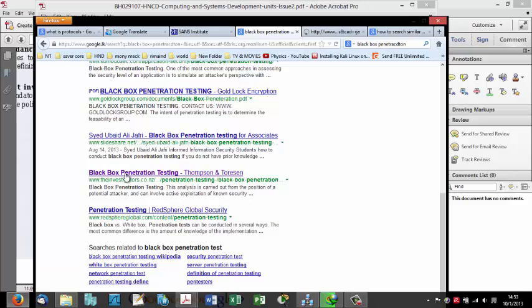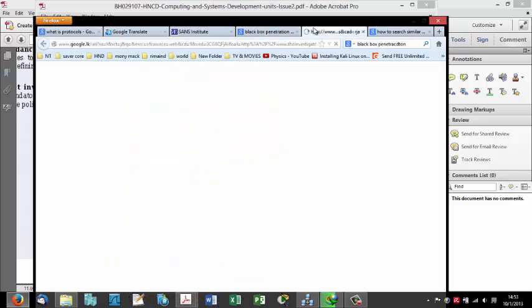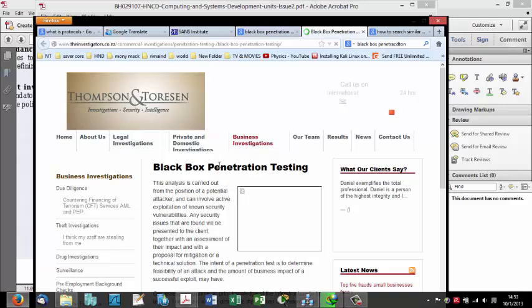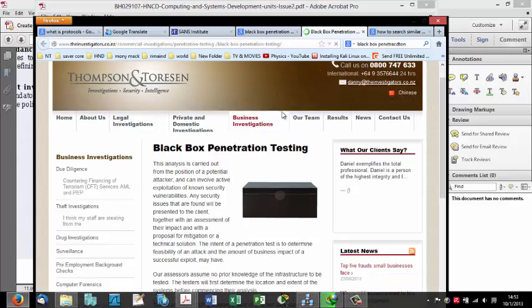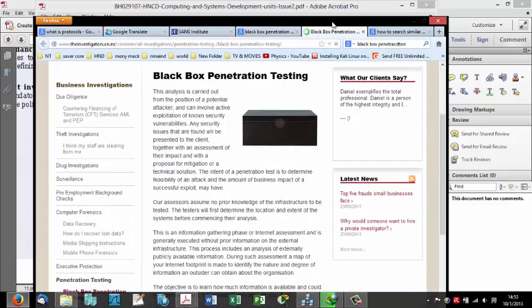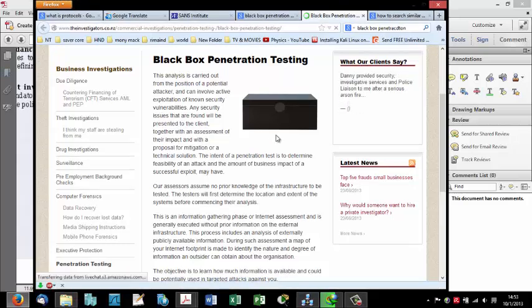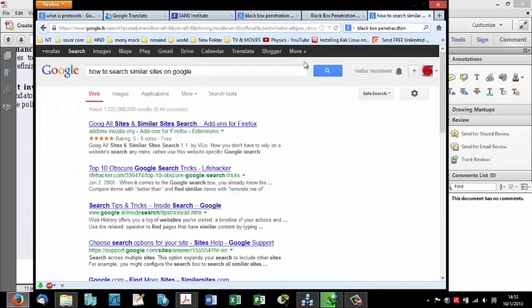So the black box testing is done on what basis? From the position of a potential attacker, from an outsider basis. Over here, no information would be given to the testing team. I simply call the testing team and say, I am NetAssist, I want to do a black box test on my website.